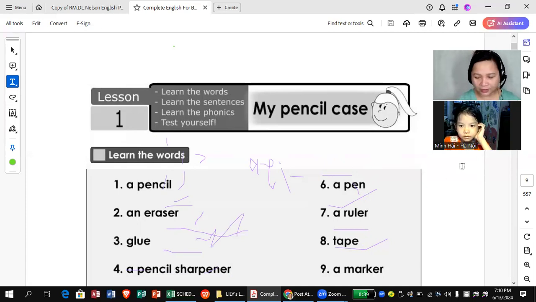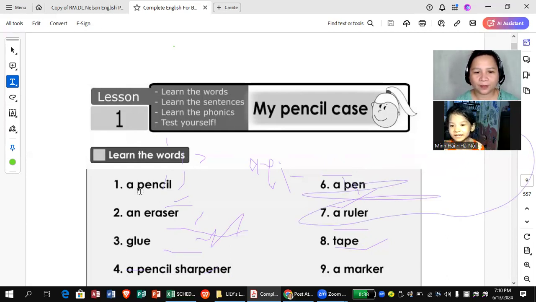Hello, Lily. Okay, for number one, please tell me what are the vowels in a pencil? A, E, I. Very good. Number two, an eraser. Okay, what are the vowels? E, E.